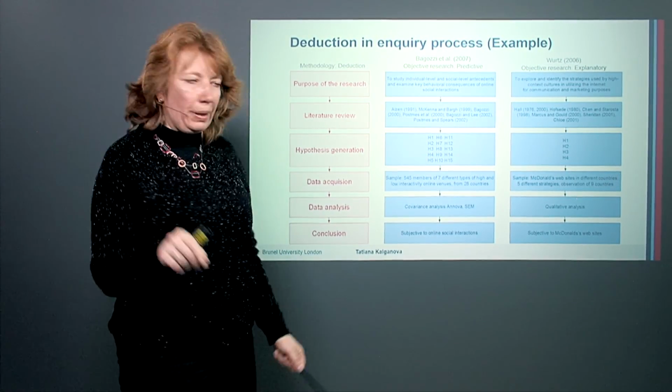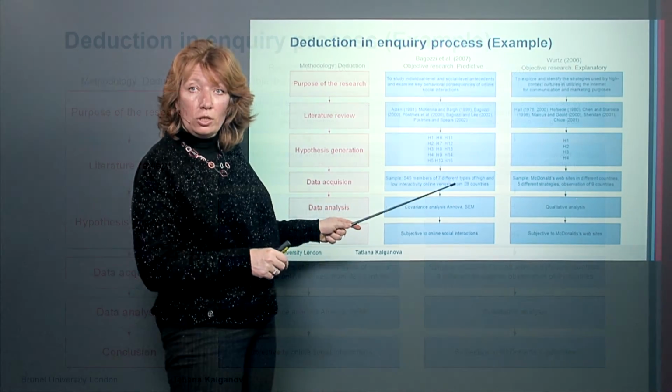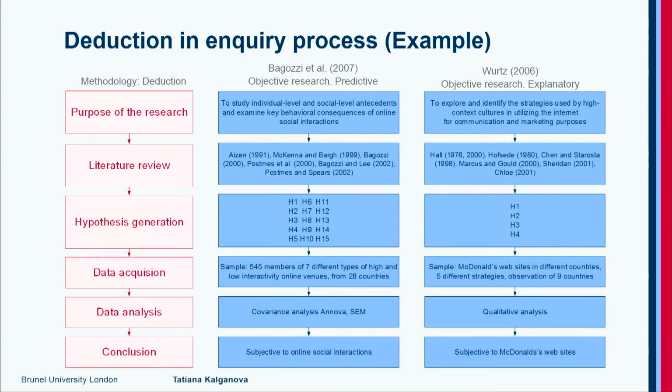For this particular paper, we have 15 hypotheses generated, and we need to test all of them. In order to test all these hypotheses, we did data acquisition based on 547 members of 7 different types of high and low interactivity online venues from 28 countries.